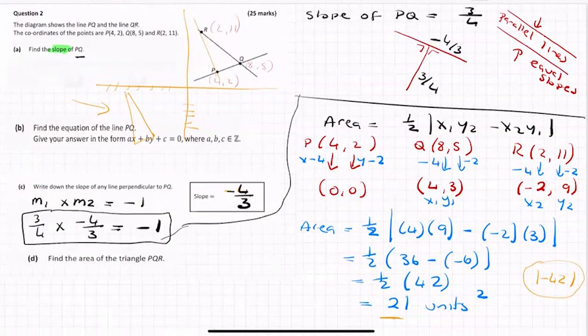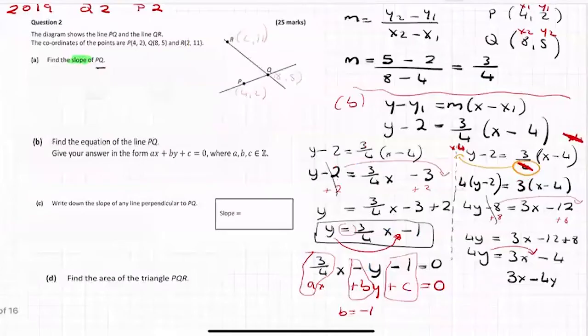So it's just its location is what the minus value means. Okay, but area is area. It's how much space it takes up. So we ignore the minus and we just take the positive. So 21 units squared. And that finishes that 2019 question.